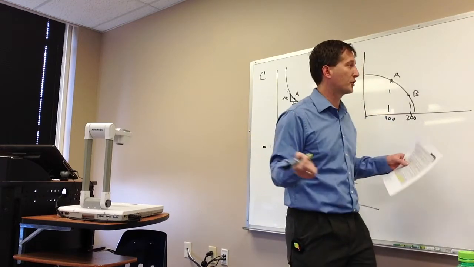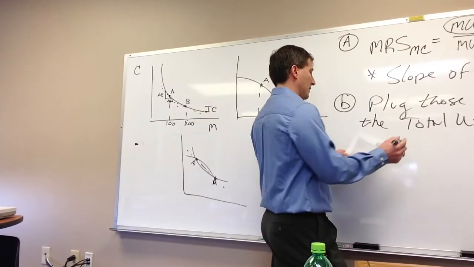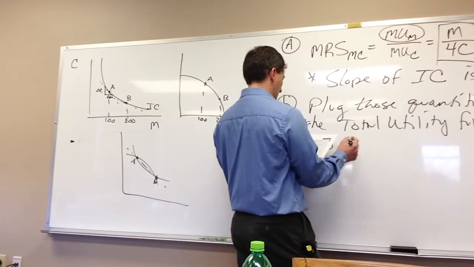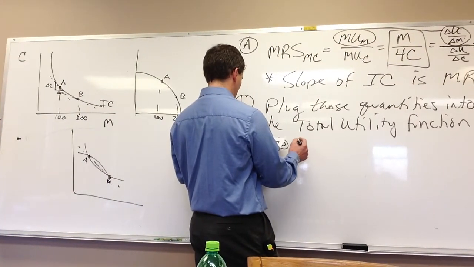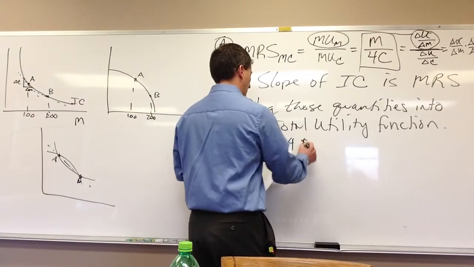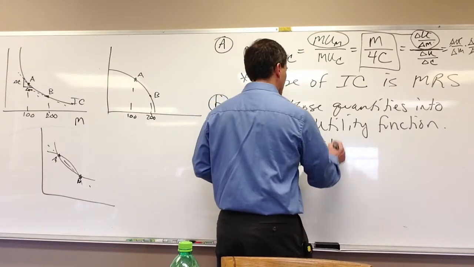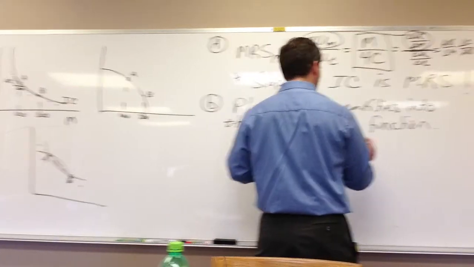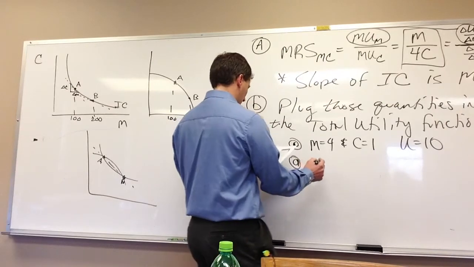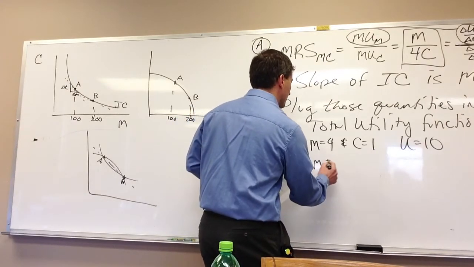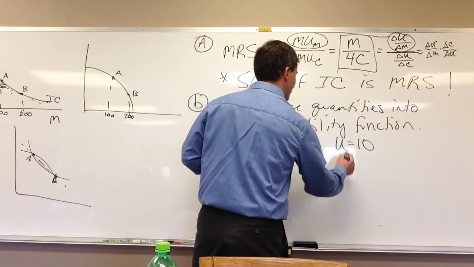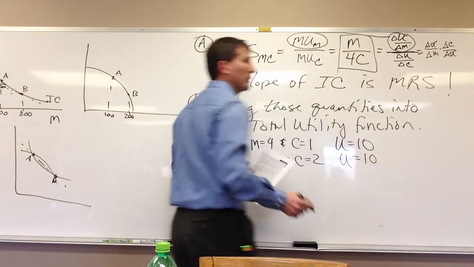Yep. So both answers should come out to be 10. So at m equals 4 and c equals 1, utility equals 10. And at m equals 2 and c equals 2, utility equals 10. Bingo.